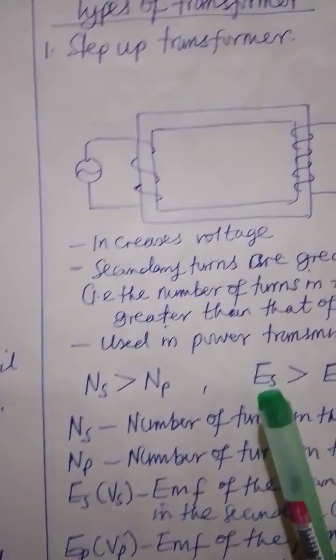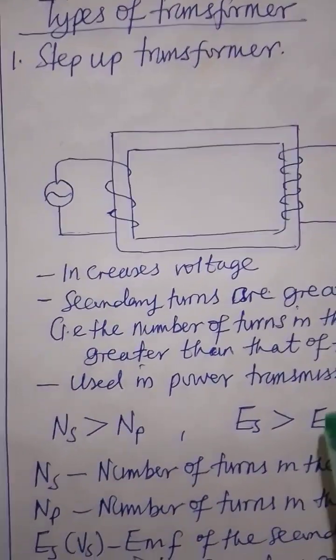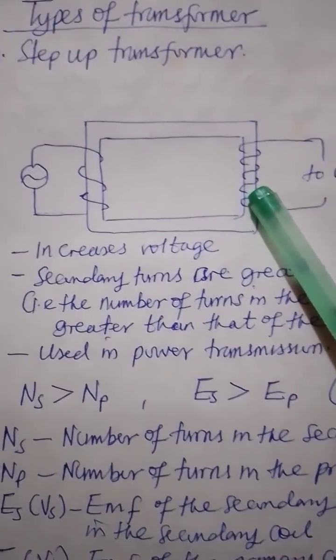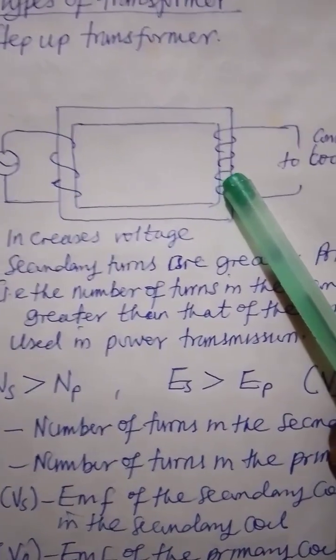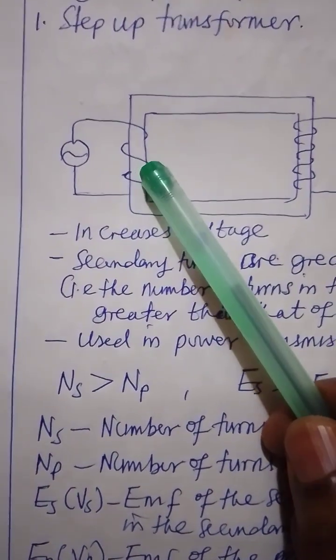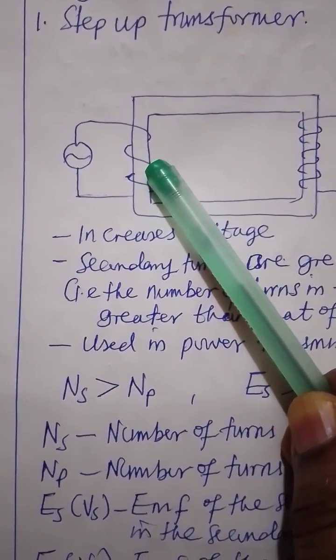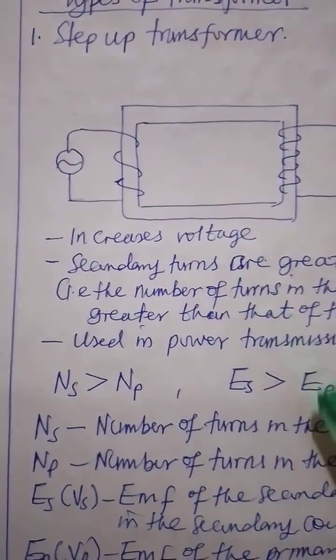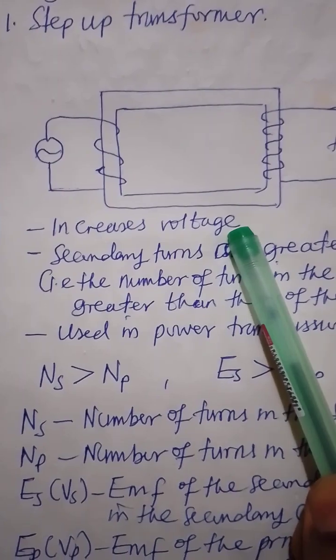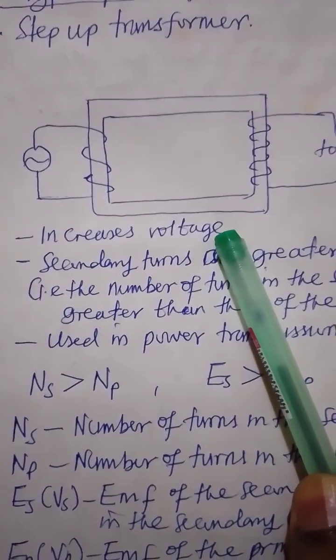Okay, so if you're going to draw a step-up transformer, you must make sure that the number of turns in the secondary coil, secondary part of the transformer, is greater than the number of turns in the primary side of the transformer. So this setup increases the voltage, the output voltage.